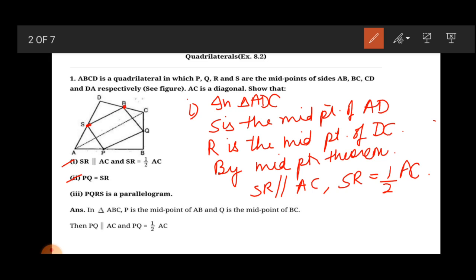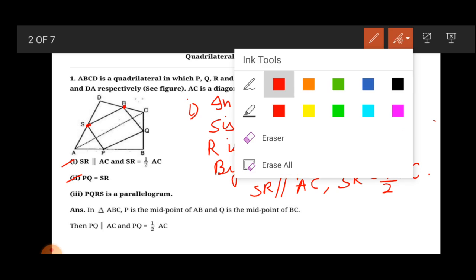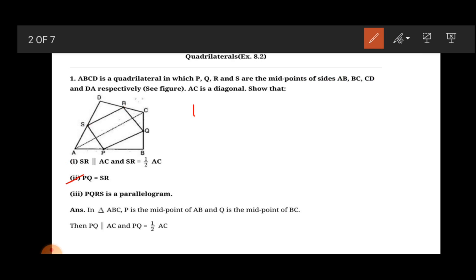Second, we need to show that PQ is equal to SR. Now, we have proved that SR is parallel to AC and SR is equal to half of AC.